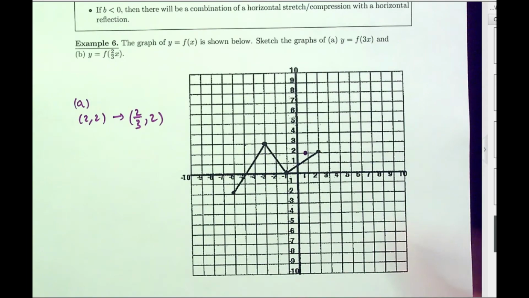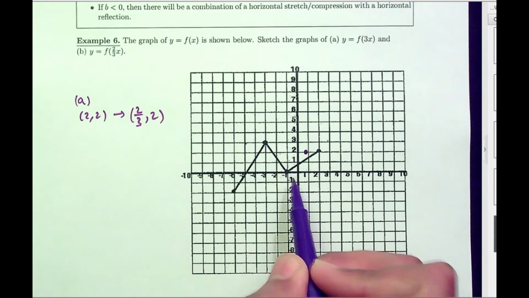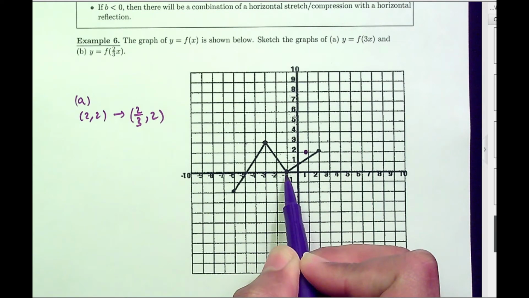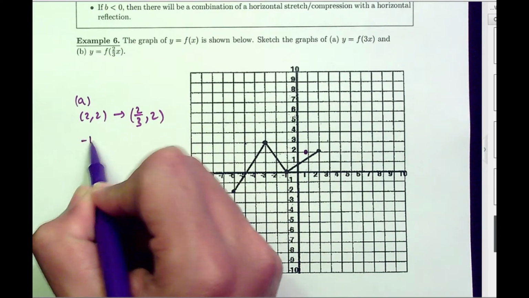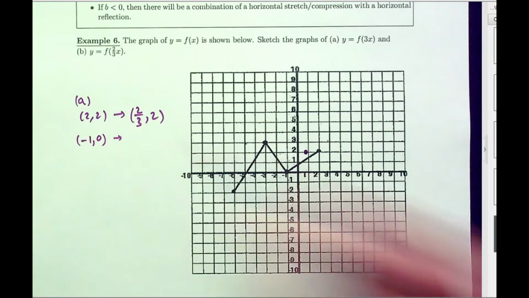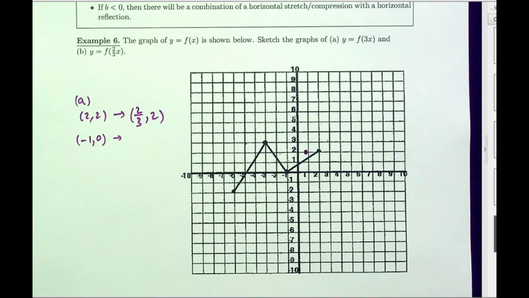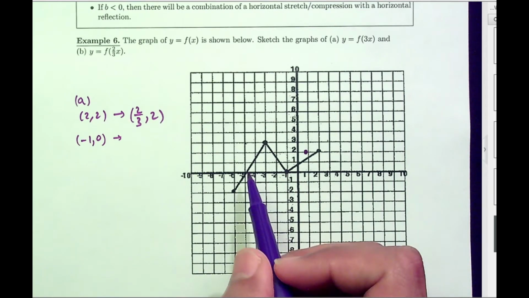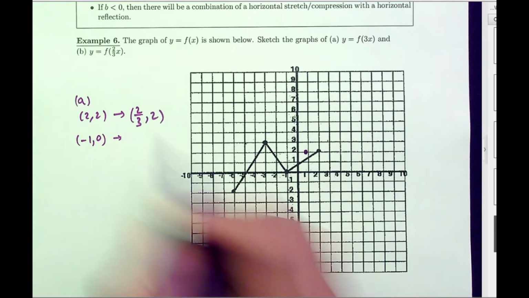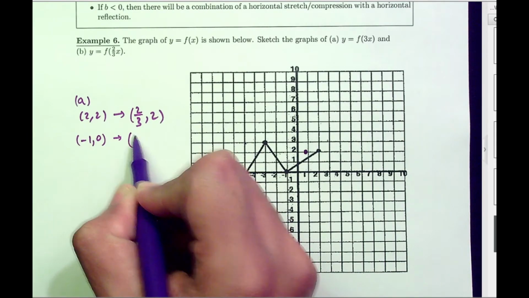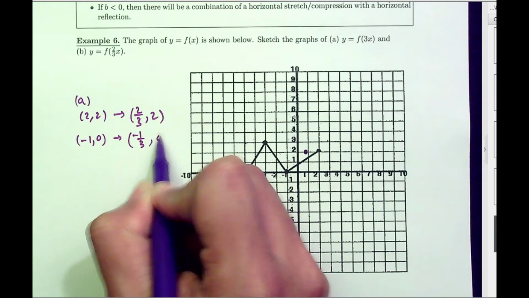Alright, now let's grab another point. Let's say this one right here. The coordinates of that one are -1, 0. So to get the new coordinates, we divide the first coordinate by 3. So -1/3, 0.